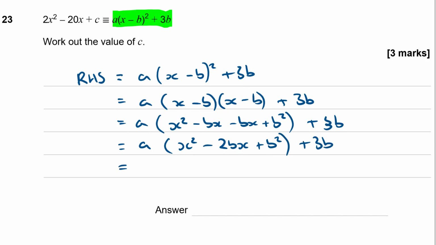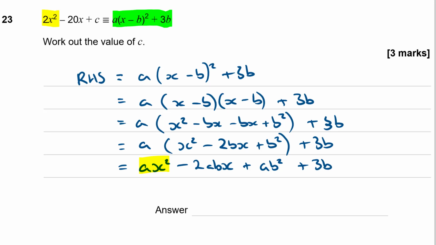Okay, removing the brackets, multiplying everything inside the bracket by a, I'm going to get ax squared minus 2abx plus ab squared plus 3b. Now I finish multiplying them out, you'll see that I've got something to do with x squared here, ax squared, and that's got to be equivalent to my 2x squared in my original identity.